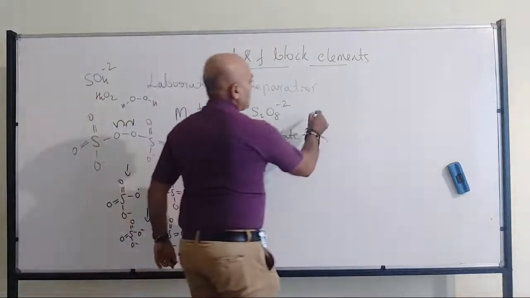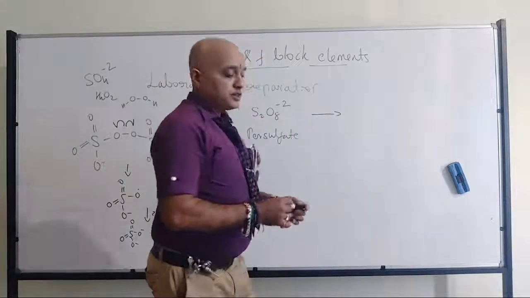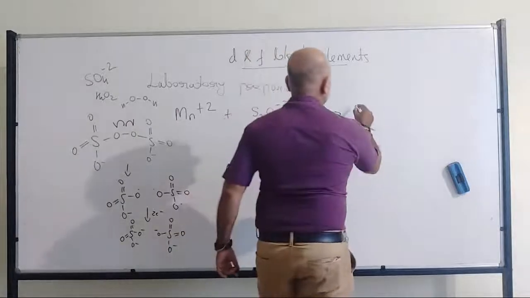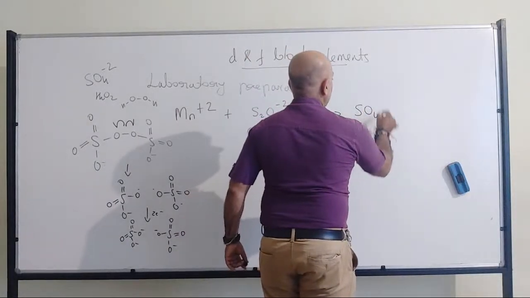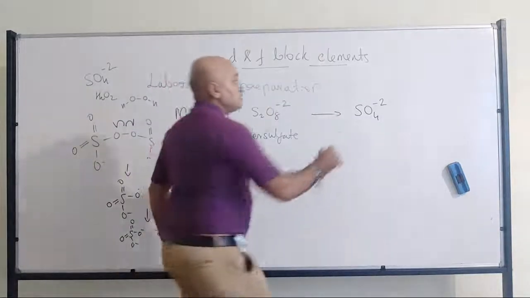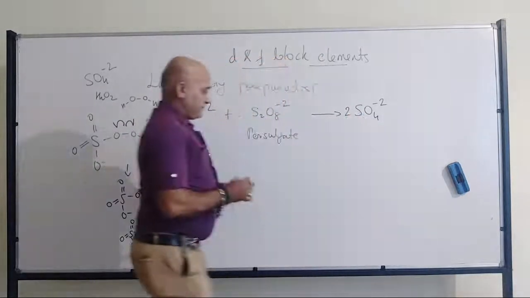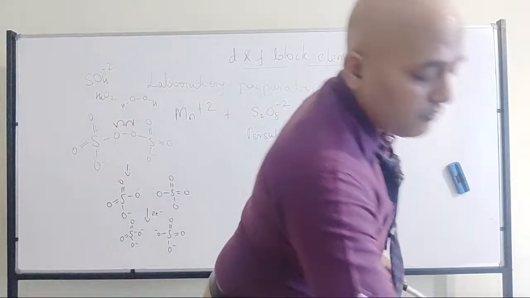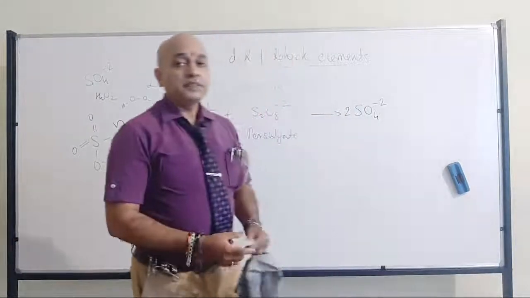So one of the products should be sulfate, right? That is SO4 minus 2. How many sulfate? 2 sulfate should be formed. For time being I am writing.